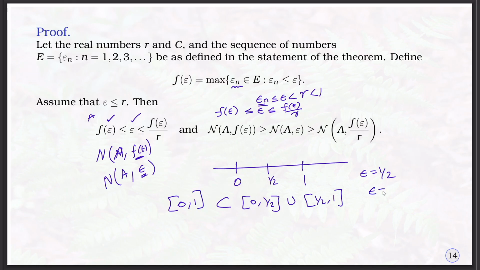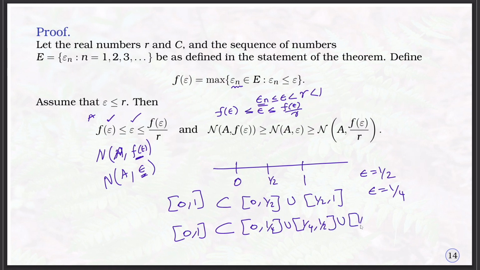If you are taking epsilon equal to 1 by 4, then this closed interval 0, 1 is contained in 0 to 1 by 4 union 1 by 4 to 1 by 2 union 1 by 2 to 3 by 4 union 3 by 4 to 1.